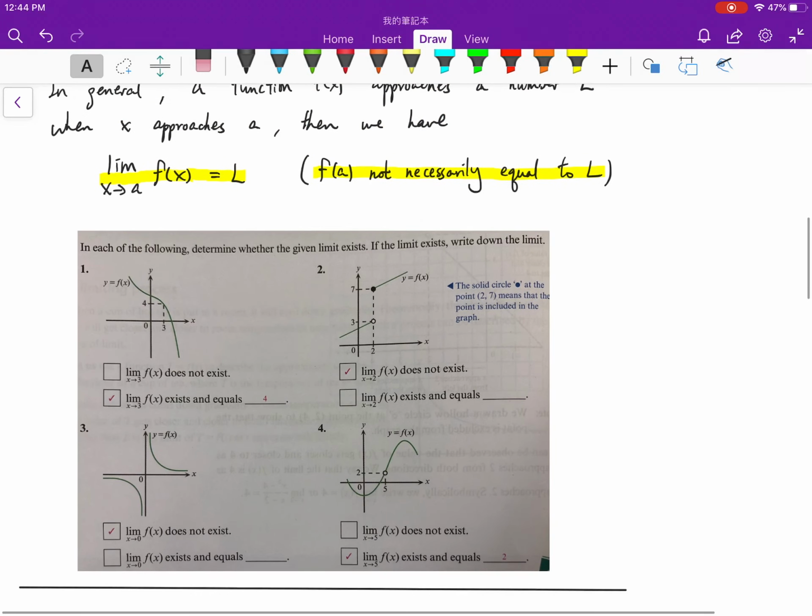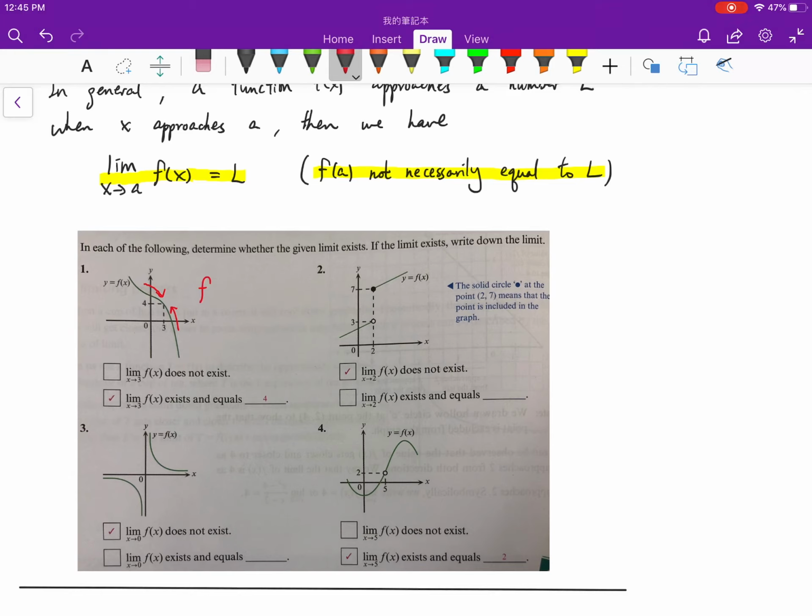Let's look at some questions. In each of the following, determine whether the given limit exists. If the limit exists, write down the limit. For question 1, when x approaches 3, you will see from the left hand side, f(x) is approaching 4, and from the right hand side, f(x) is also approaching 4.